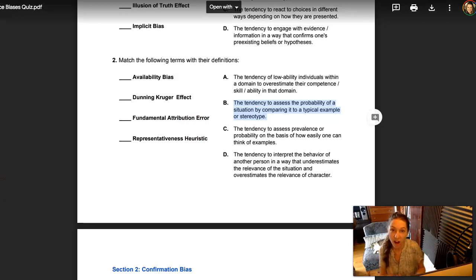But importantly, other info in that passage told us something like there's only 2 engineers at the party and everyone else is a lawyer, or whatever the example said. And so knowing this base rate information, that there are very few engineers, should change our probability assessment.